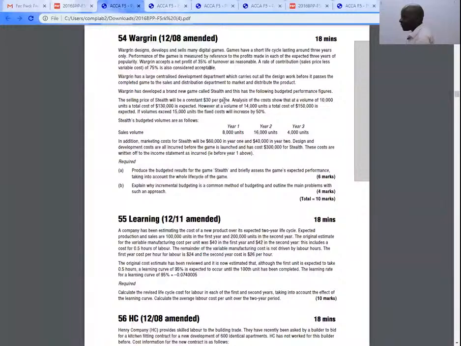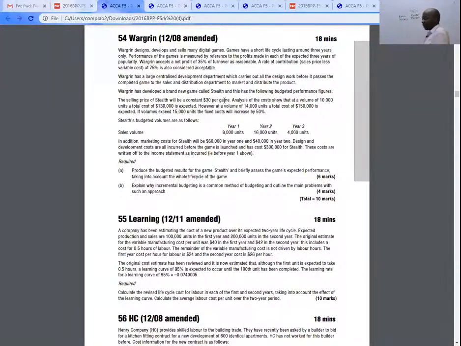That at a volume of 10,000, the total cost will be 130,000. And then when volume goes up to 14,000 units, we have our total cost being 150,000.